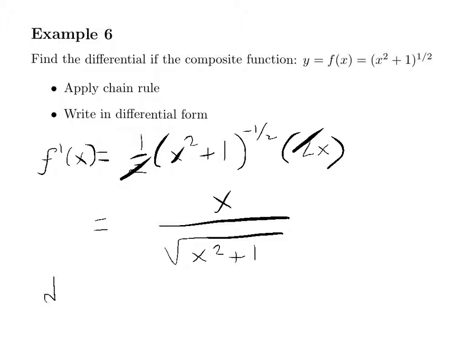So dy is simply that, x over square root x squared plus 1 times dx. Okay, any questions there?